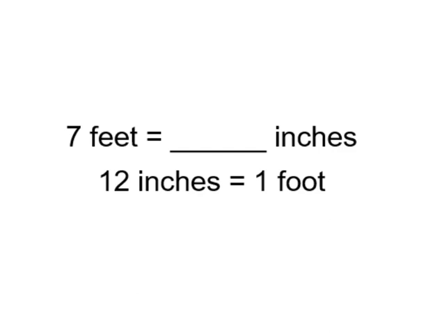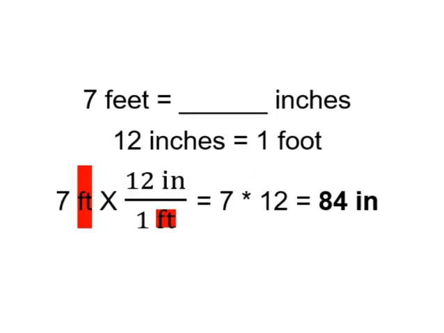In order to find out how many inches are in 7 feet, we multiply 7 feet times 12 inches over 1 foot. So let's stop here. Whenever we are converting from one unit of measurement to another, one of the very important things we need to do is cancel out the measurement we are converting from.